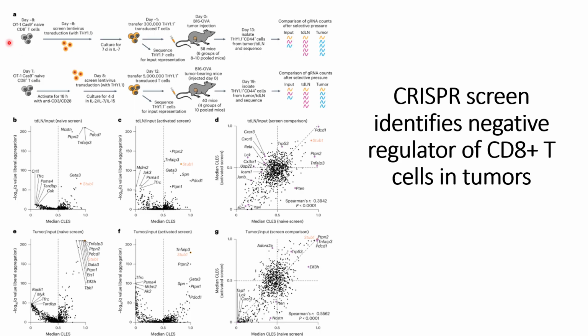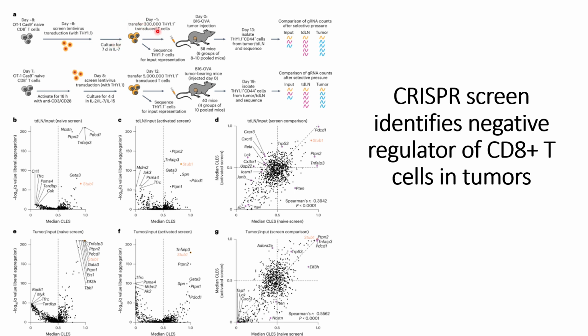They first took the cells and transduced them with the lentivirus of their knockout libraries, and then screened them with the Thy1.1 reporter, and cultured them for 7 days in interleukin 7.